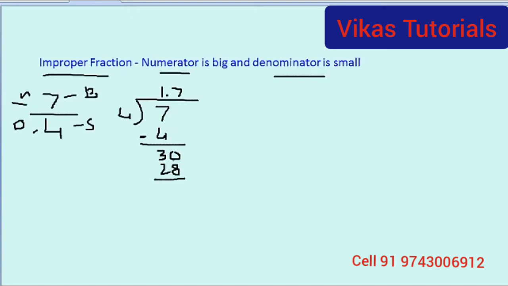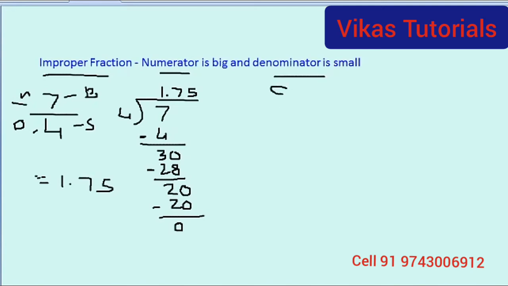So 30 minus 28 is 2. Now again, based on this point, we take a 0 here. Now this becomes 4 fives are 20. 20 minus 20 is 0. So the answer is 1.75.